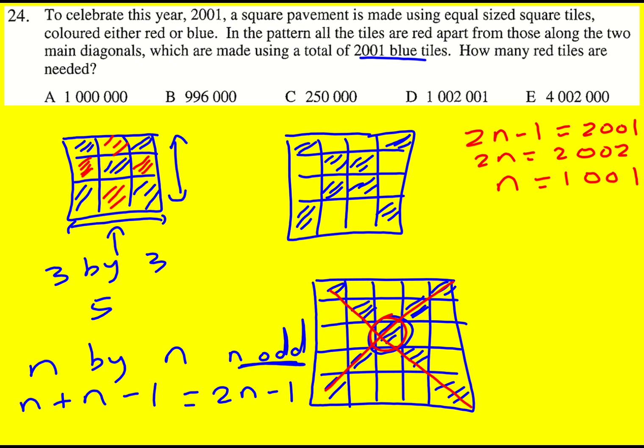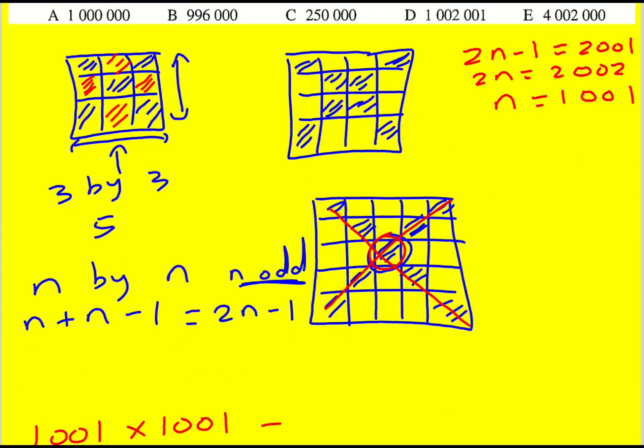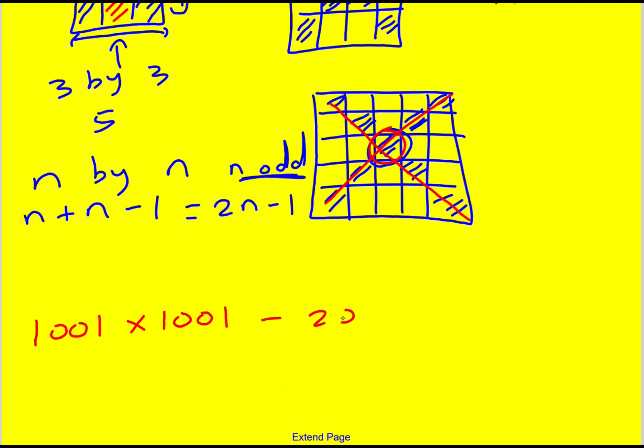So the total number of red tiles is going to be 1001 times 1001, but then I'm going to minus the ones along the diagonal, the 2001 here. To work out 1001 times 1001, I can do it with a little pair of brackets.